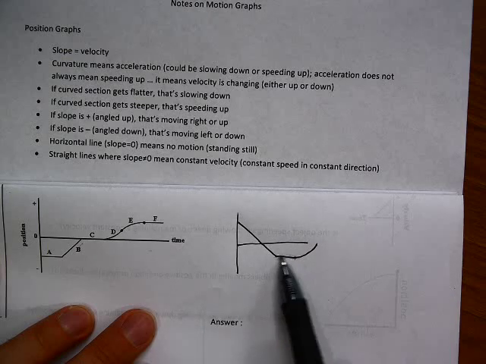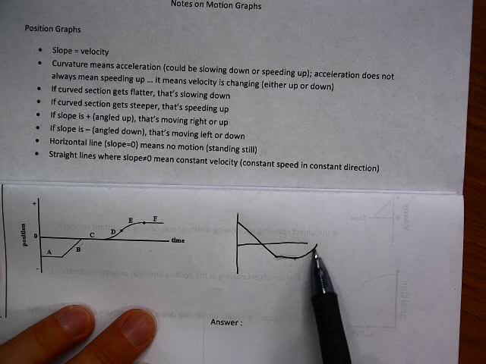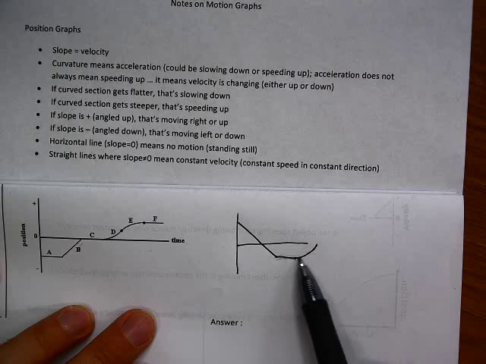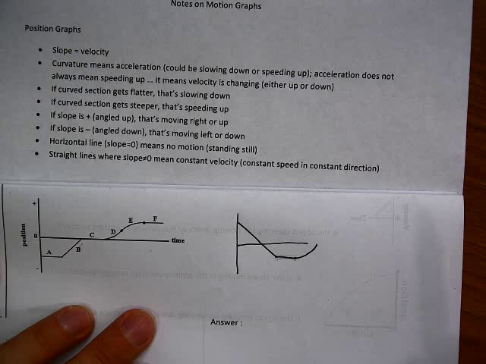So after some period of time, this object is standing still. And now the object starts to move again in the positive direction. And we see this little segment is getting steeper. So the object, after being at rest for a while, is now accelerating by speeding up in the positive direction.